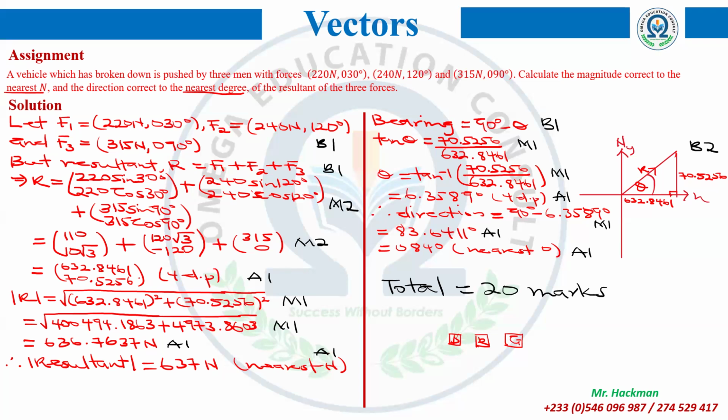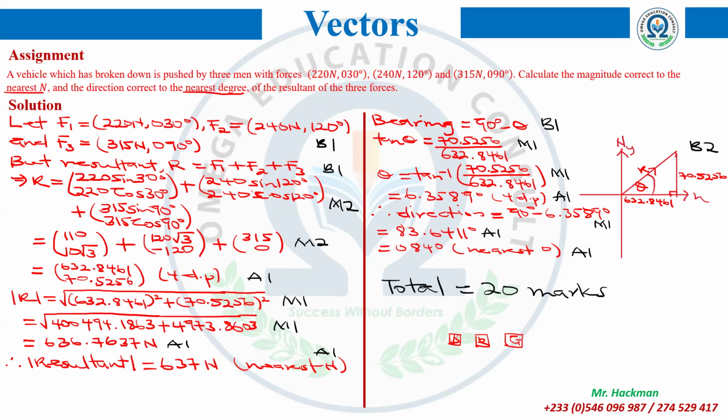So for you to get the bearing, I've told you, you cannot avoid this diagram. You need to draw it. So when you draw your X and Y, the Cartesian plane, and you indicate true north on the positive Y axis, the force here in column form will be: the X component is this.